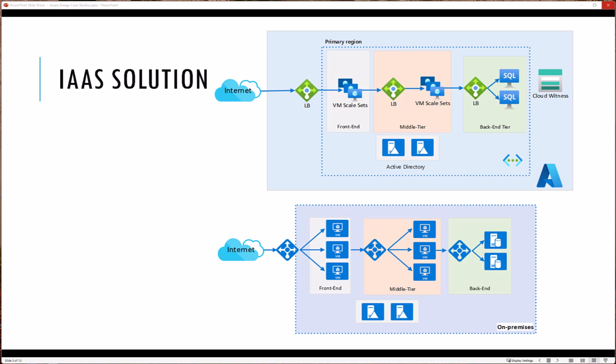We need to understand this when we are building solutions. When you talk about availability zone, it is because we are trying to articulate that we have zonal redundancy. Our VM is in multiple zones.